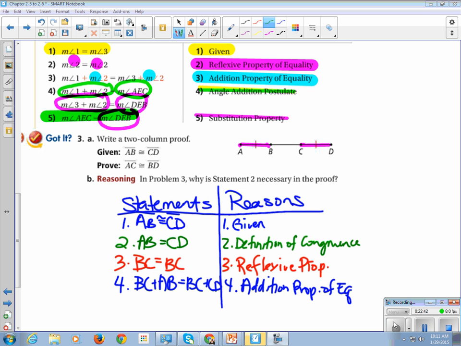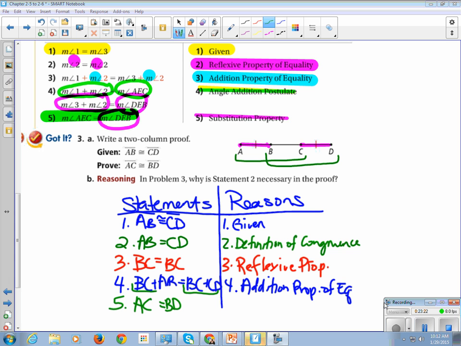Almost done. Then we can say we're going to substitute. We're going to take this little piece out, and we're going to replace it with, so BC and AB is going to be called AC. And then BC and CD is just going to be called BD.